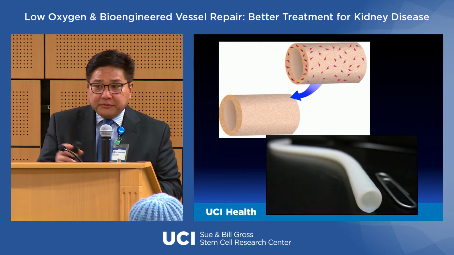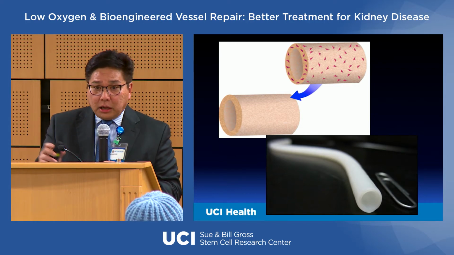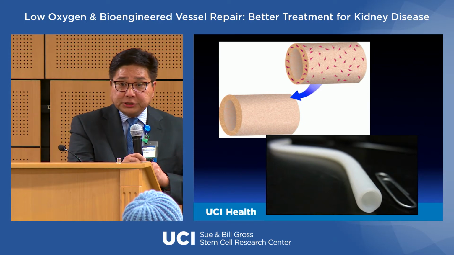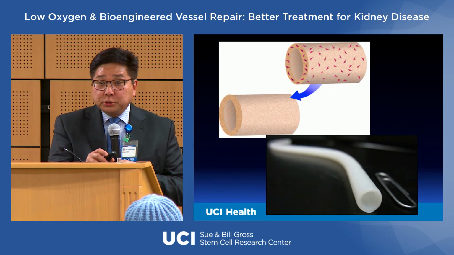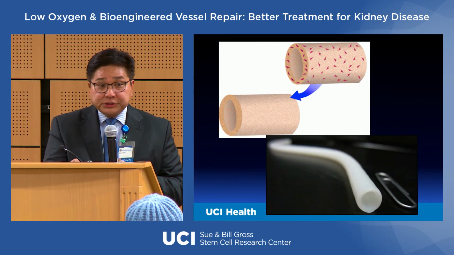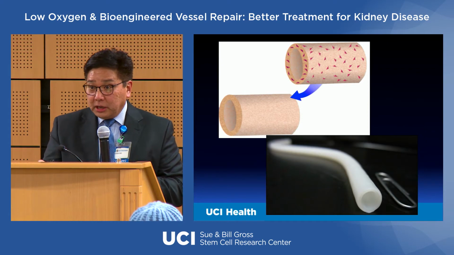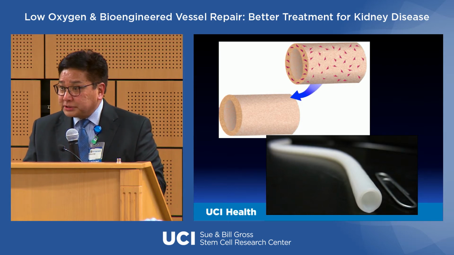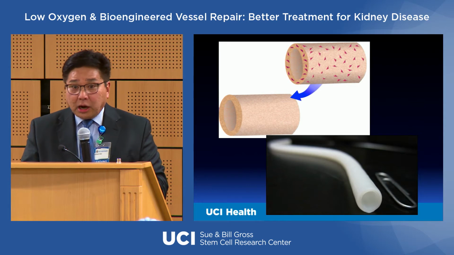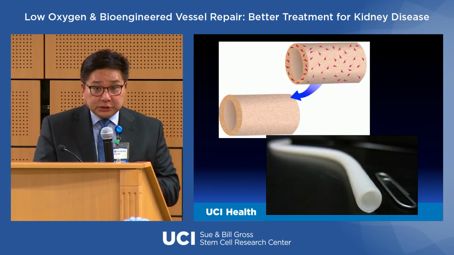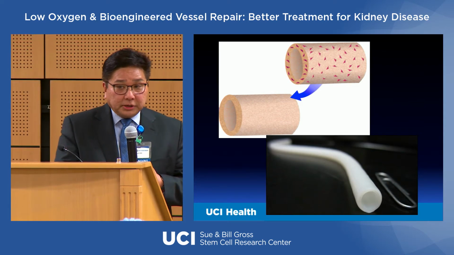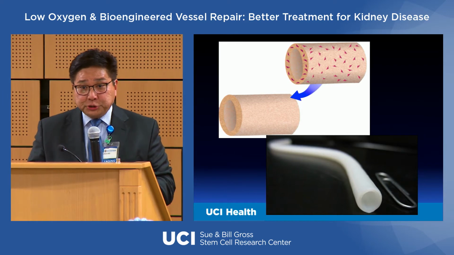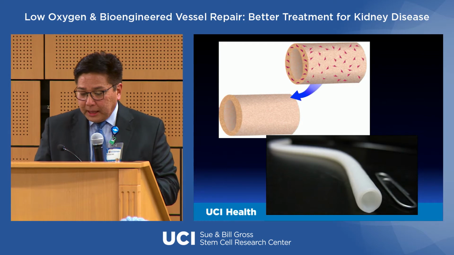The issue is that if you take one cell line and then plant it into another patient, there's going to be a potential problem for angiogenesis and rejection. So what is done is that these conduits, these tubes that are then designed, are decellularized. So all the cells within the conduit are removed, and you end up having a collagen tube made of human tissue and the remnants of that.